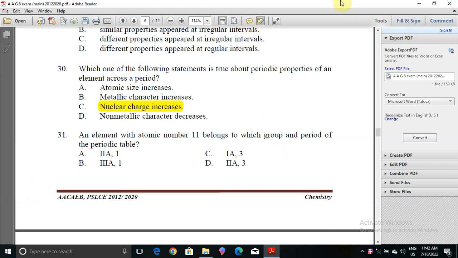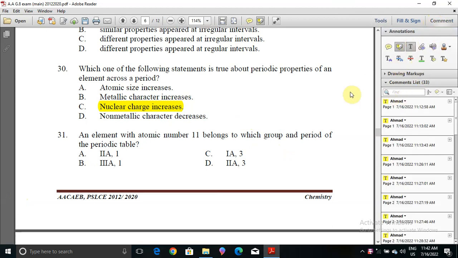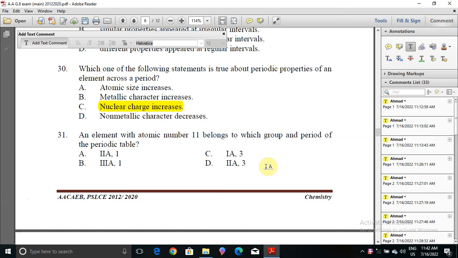Wait here, I will write it. Now here what I will make, we have K, L, M, right, shells.